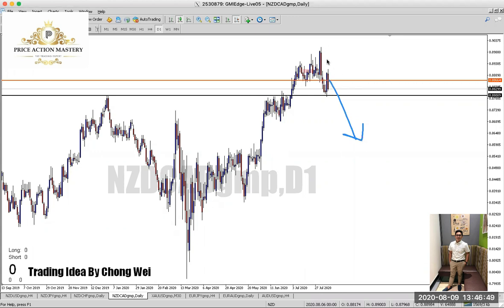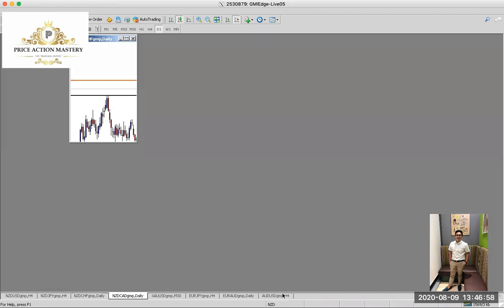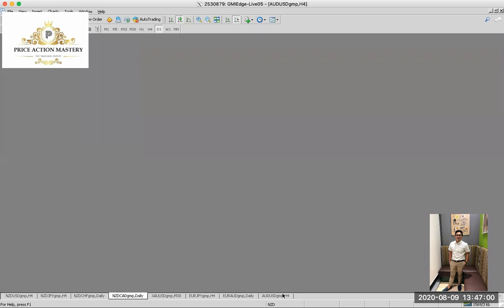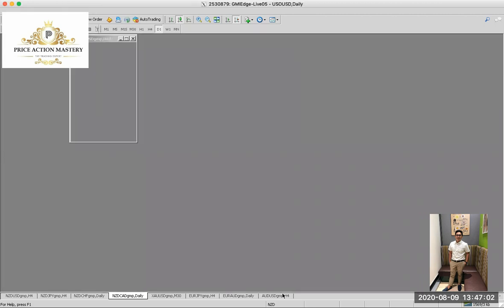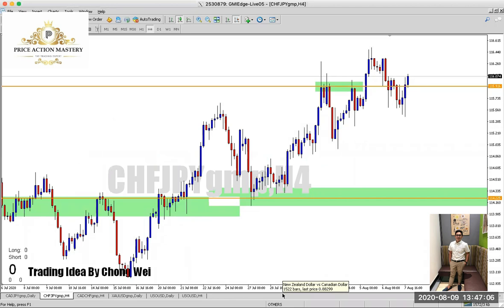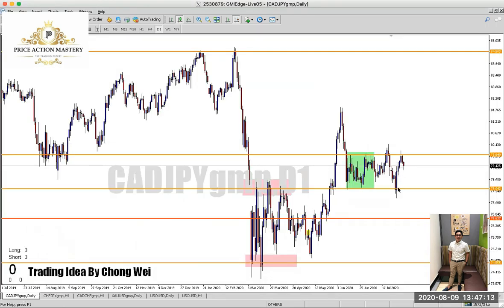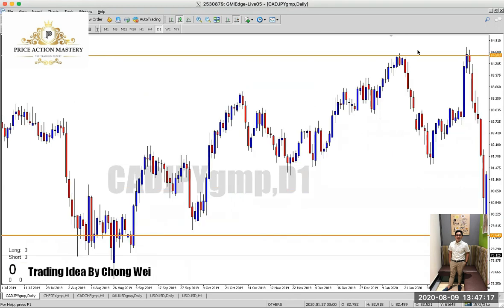This drop means that CAD is strong, because of the crude oil effect, since Canada exports crude oil. So let's look into CAD. As you can see, it advanced so much. The force is advancing so much.